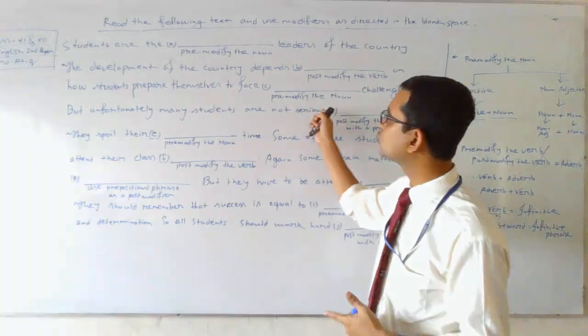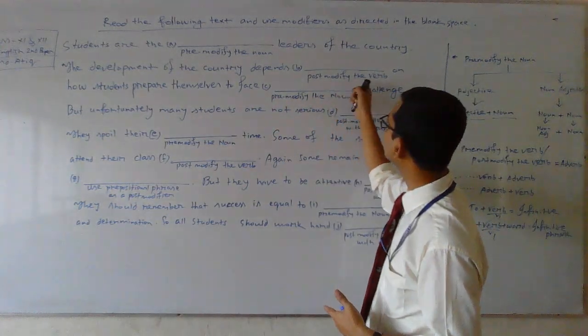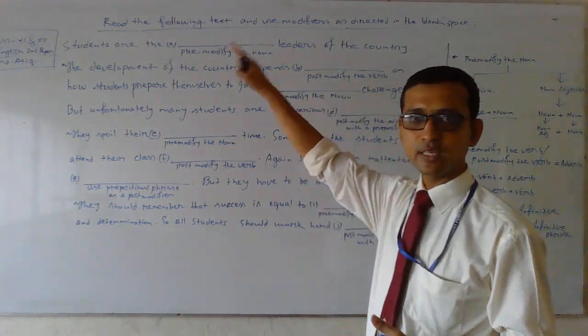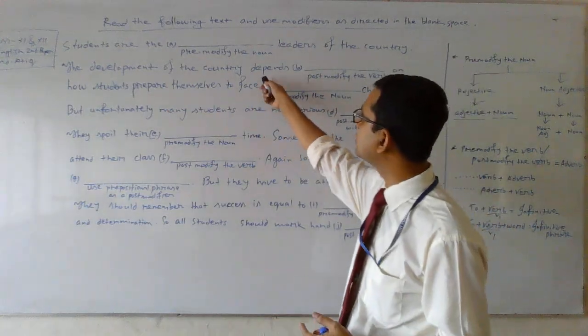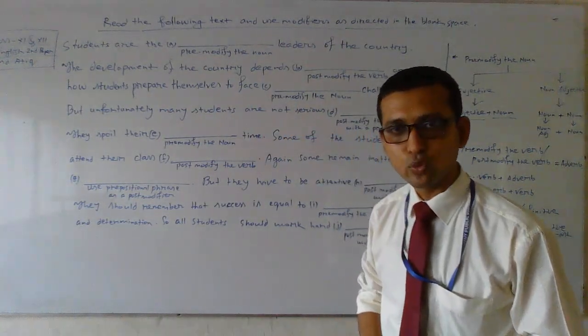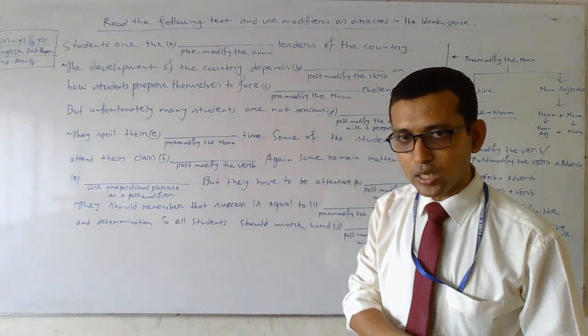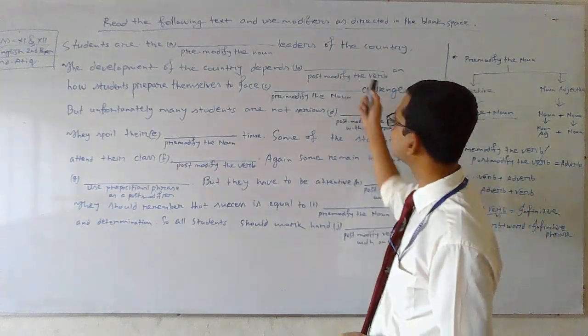That's post-modify. The verb is just before the gap. Yes, this is the verb, depends. This is the head word, and it will have to be modified with an adverb.